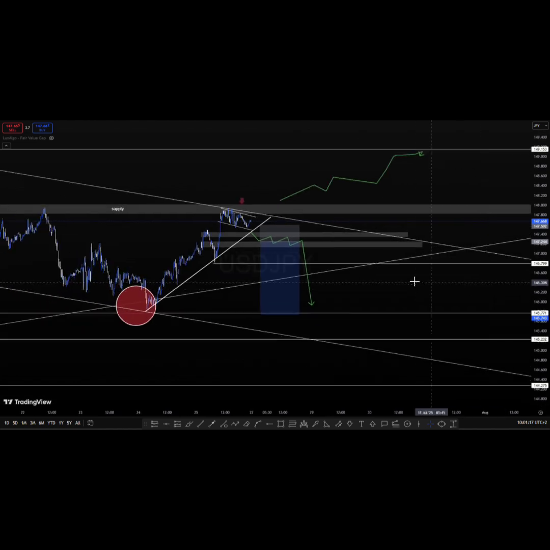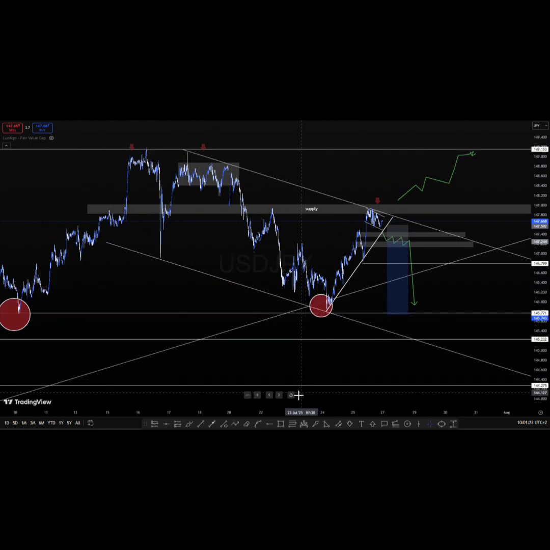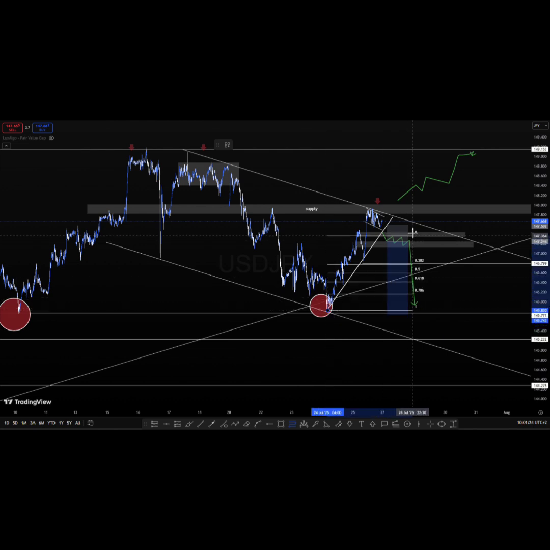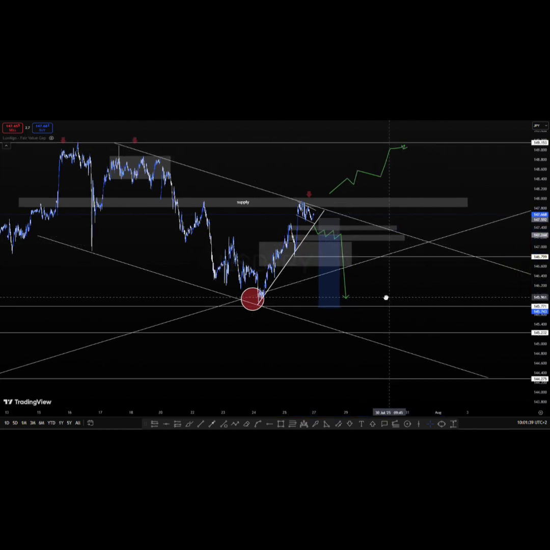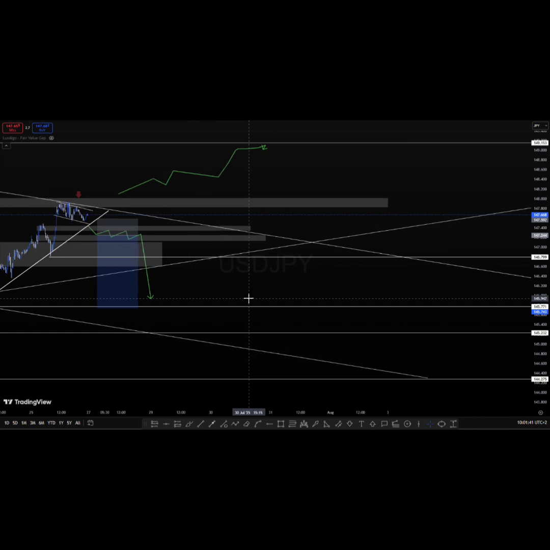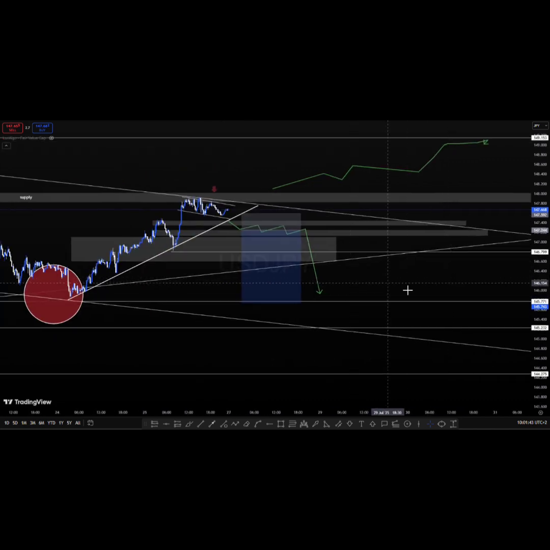Let's see what more we have. Because of these levels here. Which by simply doing like this on USDJPY, I'm still looking for sales.